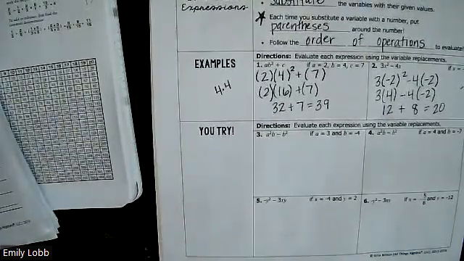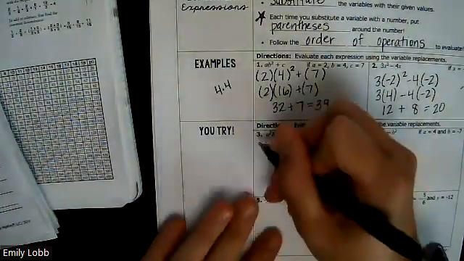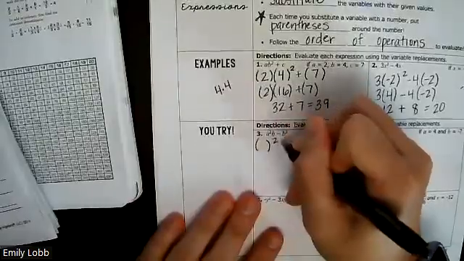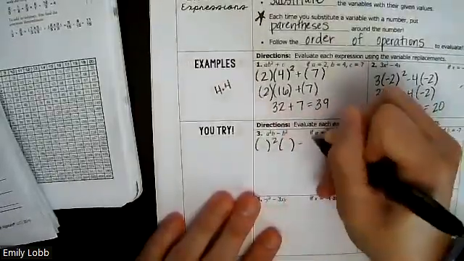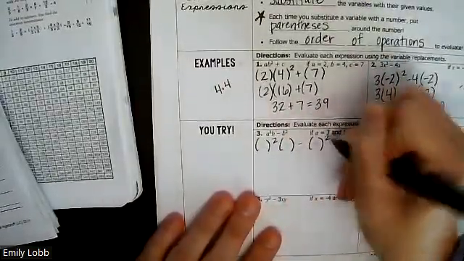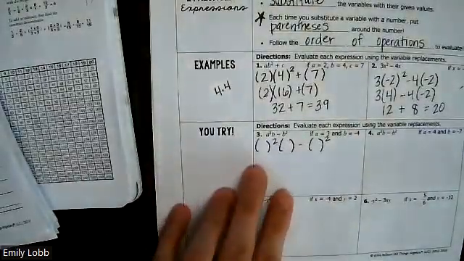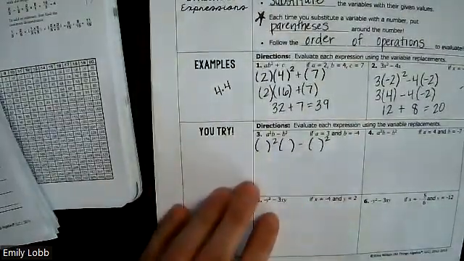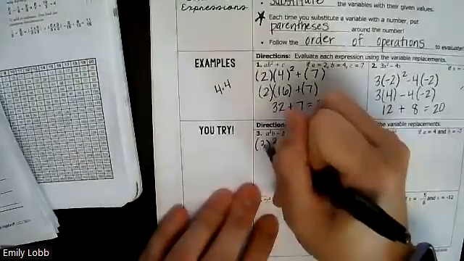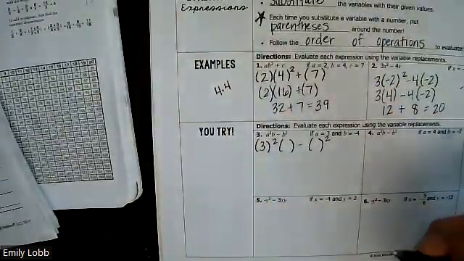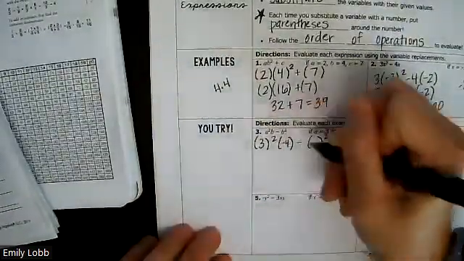So if we can follow the pattern and we can keep pressing on, we're just plugging and chugging. So we're rewriting the problem with parentheses, and then we're putting what we need to into the parentheses. What am I putting in for A? 3. And for B, I'm putting in -4.